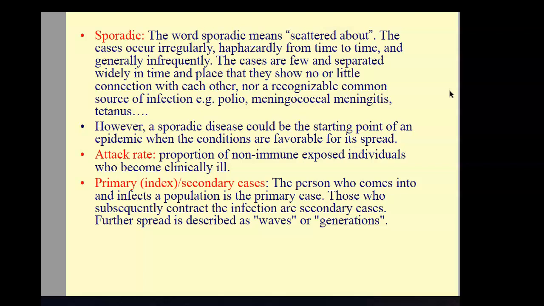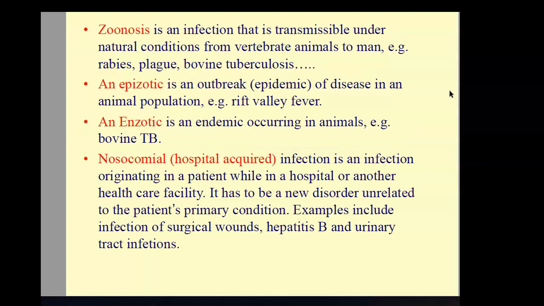An attack rate is the proportion of non-immune exposed individuals who become clinically ill, and they are different from the primary or index or secondary cases, where the person who comes into contact and infects a population is the primary case. Those who subsequently contract the infection are secondary cases. The further spread is described as a wave or regeneration.